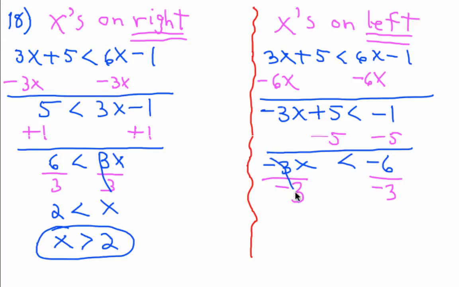So the negative 3's cross out, you get x. Negative 6 divided by negative 3 is 2, but this inequality symbol is going to have to be greater than, since we divided both sides by a negative number. So once again, we see the answer is x is greater than 2.